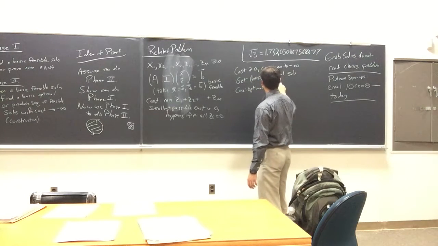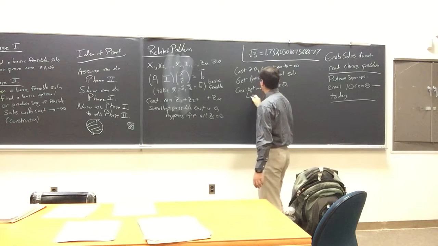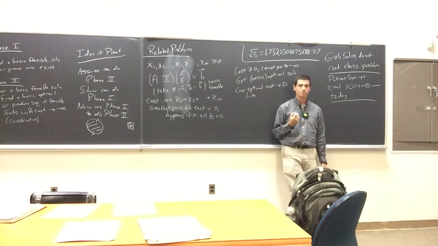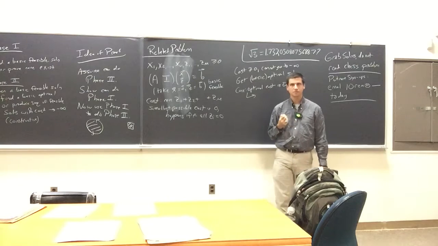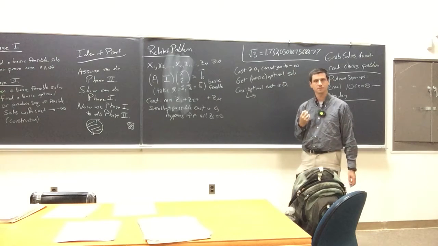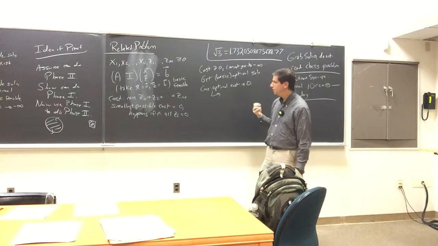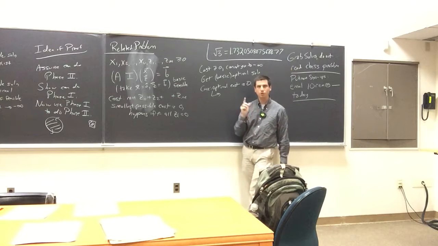optimal cost is 0. So what happens if we have a solution where the optimal cost is 0? What would that mean? B is fixed.